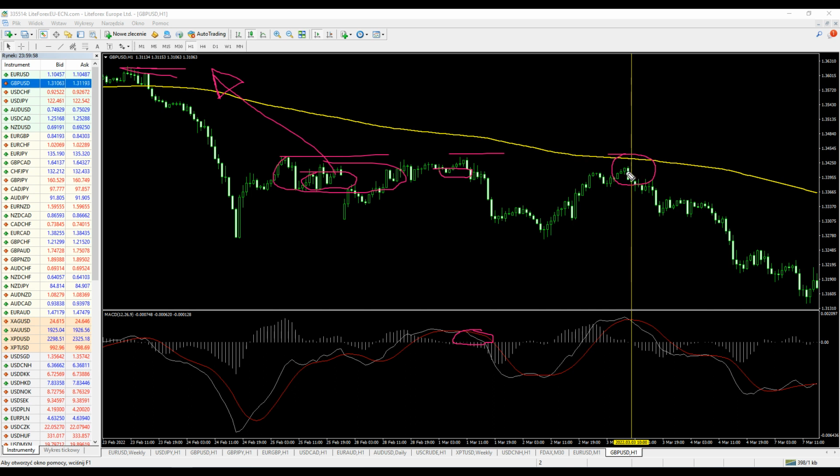So in that case, after the engulfing, on the next candle open, my stop is above this one, right? And that was another example. This time it is a cable cross on the moving average, cross on the histogram, and let's try to go lower. That's exactly what happened in that case.